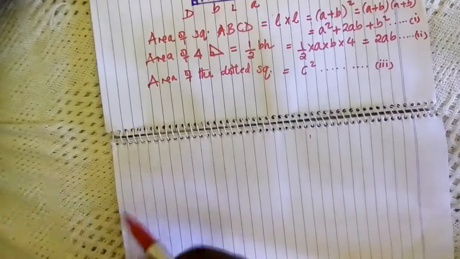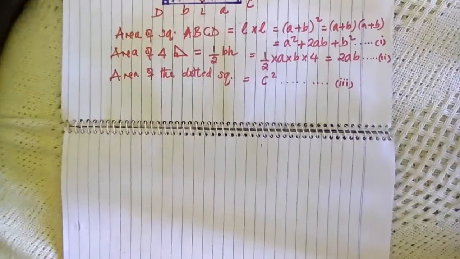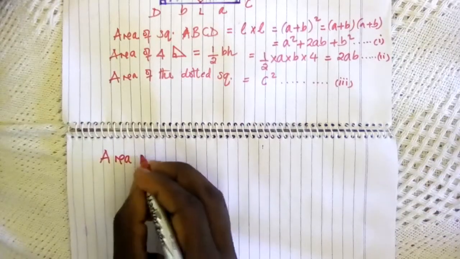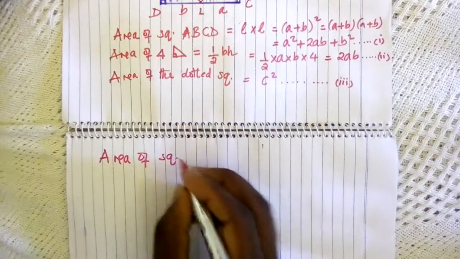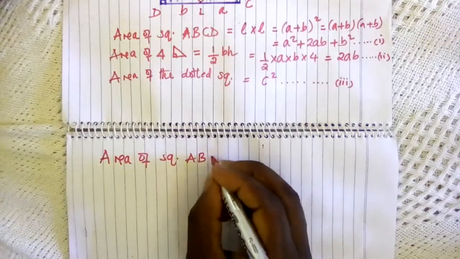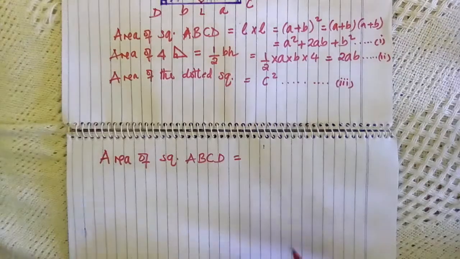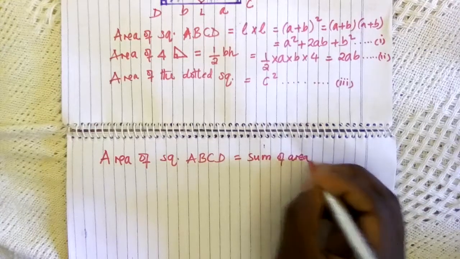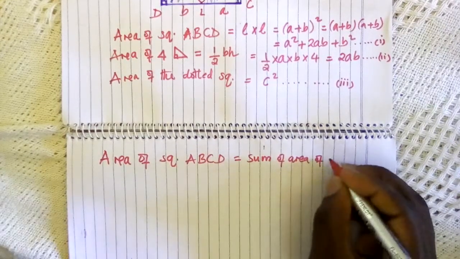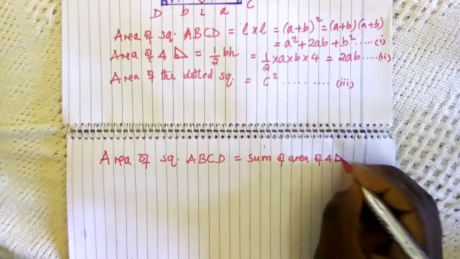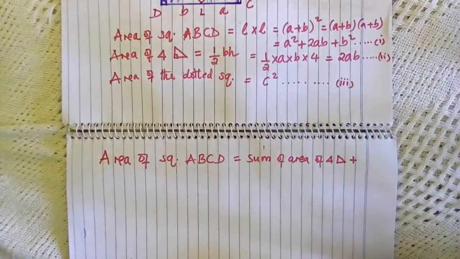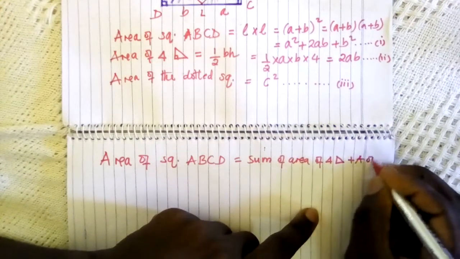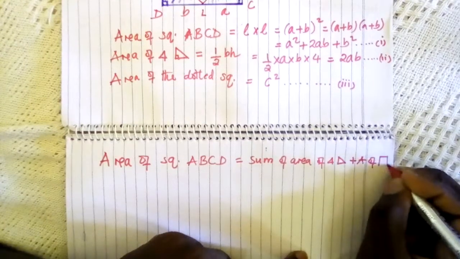Now, the area of square ABCD equals the sum of the area of 4 right angled triangles plus the area of a dotted square.